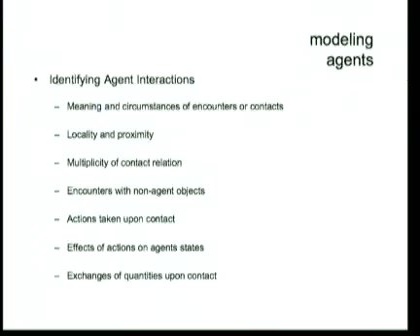Now, encounters between agents may occur between two agents, or there may be a multiplicity of agents involved in a contact. In other words, effects that agents have on one another may be somewhat determined by the number of agents in the region and may have multiple effects on multiple types of agents in that contact.